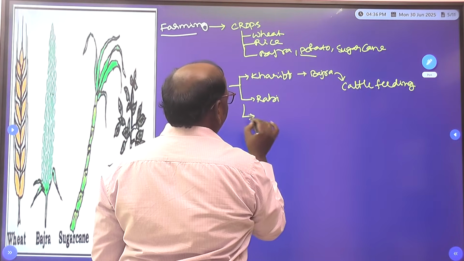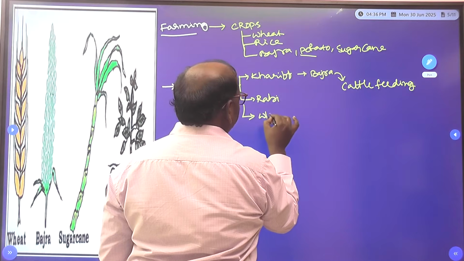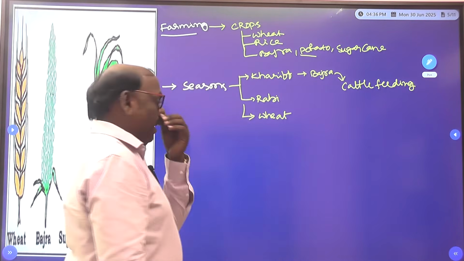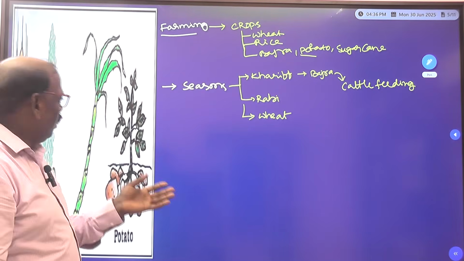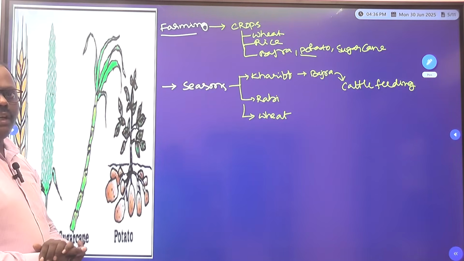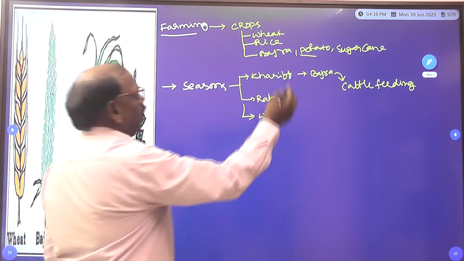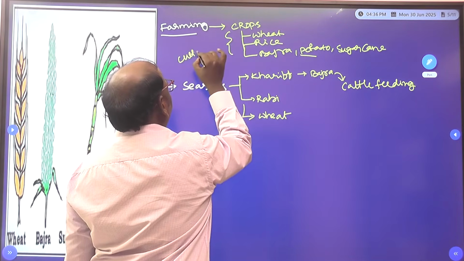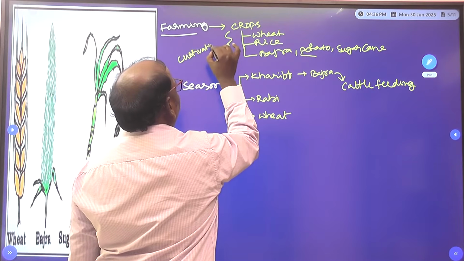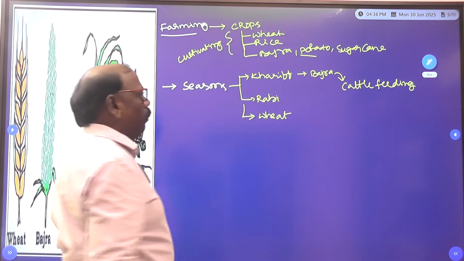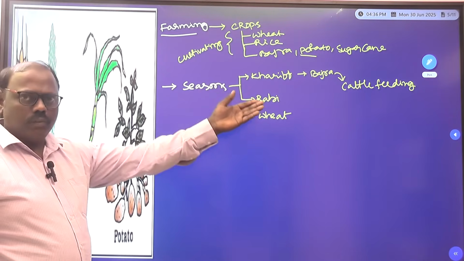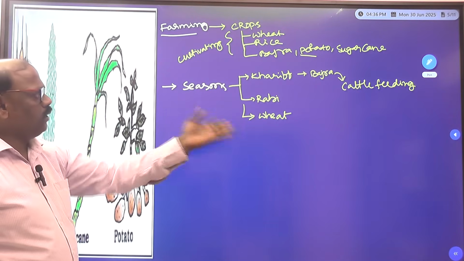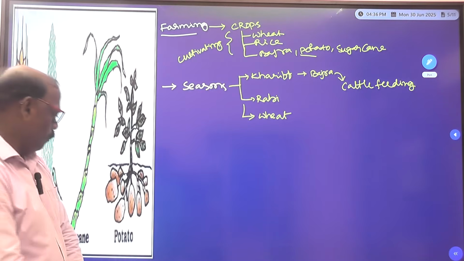And after that, they are going to produce wheat. So these are the major crops that they are cultivating in Palampur in the different seasons, Kharif season and Rabi season.